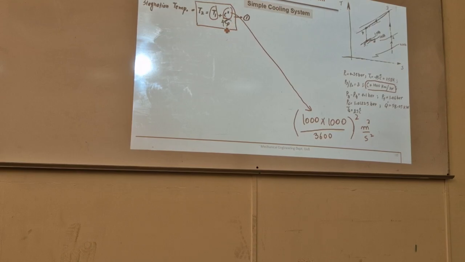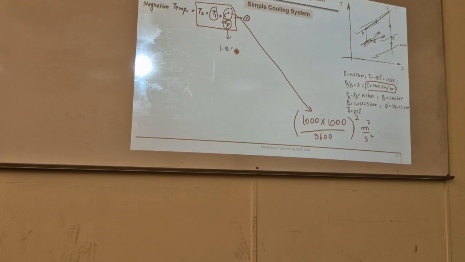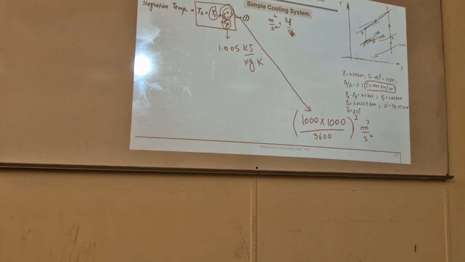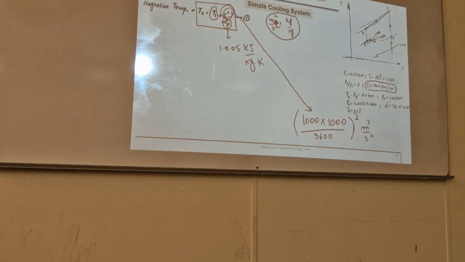What is Cp? Specific heat of air. Normally it is given as 1.005. We take it as 1.005 kilojoules per kilogram per Kelvin. But here in the numerator we have meters square per second square. That's what we did in thermo. I don't know if you remember. Kilogram meter per second square is Newton, Newton meter is joules.